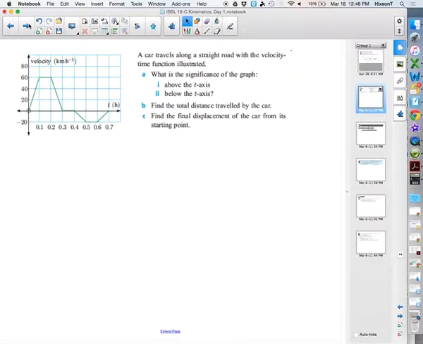If this is our velocity, all right, we started at 0 kilometers per hour. And then as time went on, evidently what was going on here? You went faster. Well, yeah, we were going faster. We were speeding up, which means our acceleration is positive. Okay? And then from here to here, our velocity was constant.